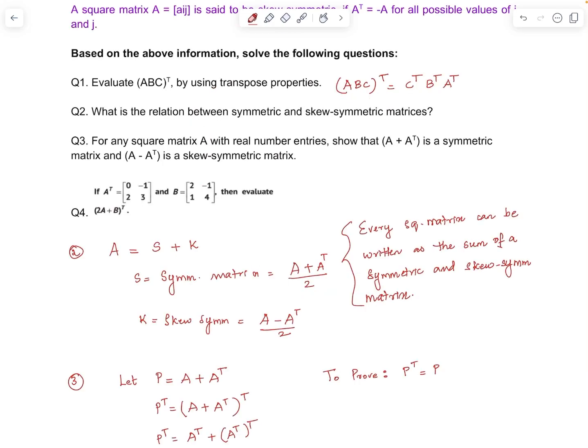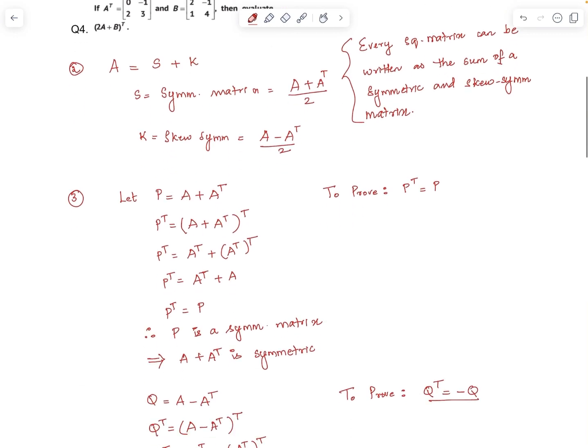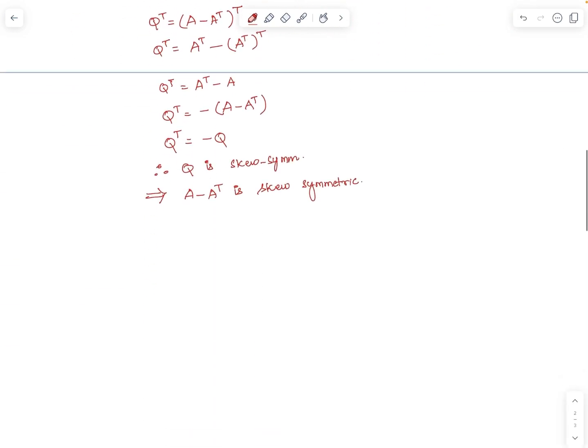Fourth question, if A transpose is equal to [0, minus 1; 2, 3] and B is given, then evaluate transpose of 2A plus B. Transpose of 2A plus B, by the properties of transpose, we can write this as 2 times A transpose plus B transpose.